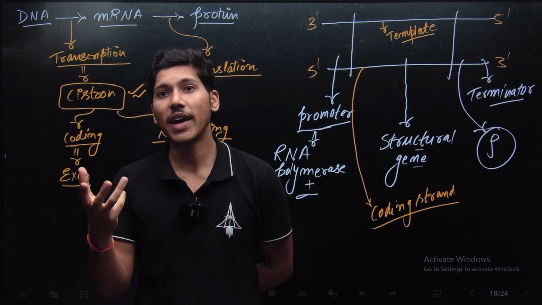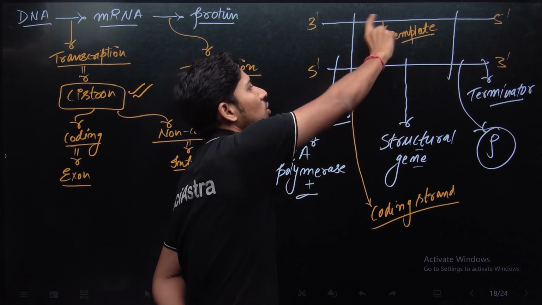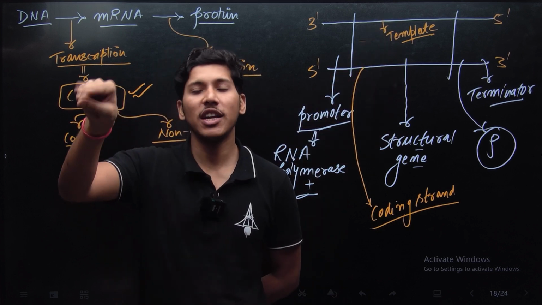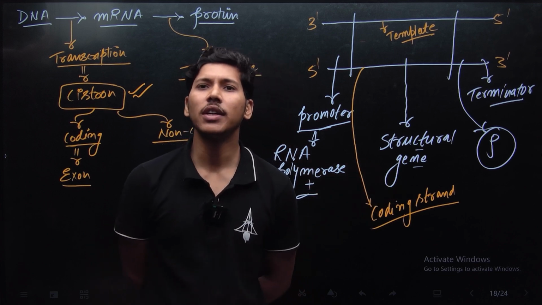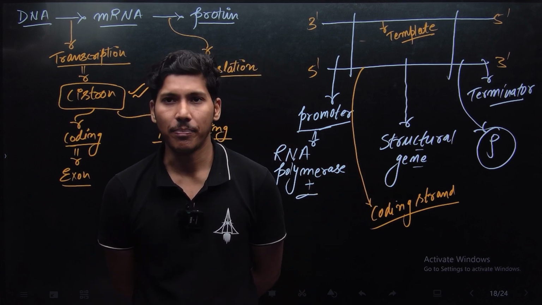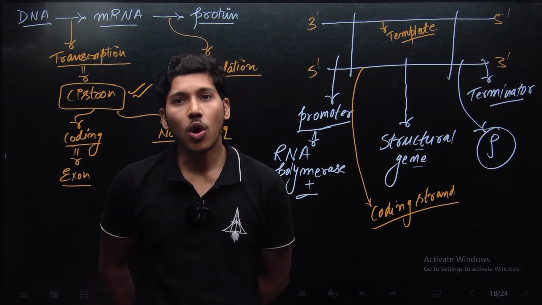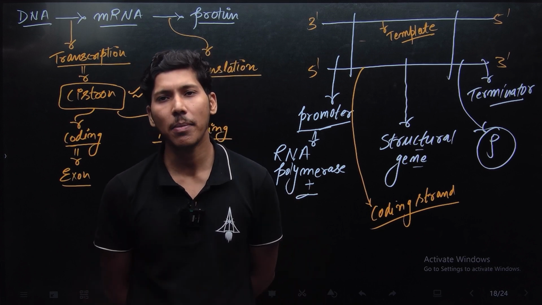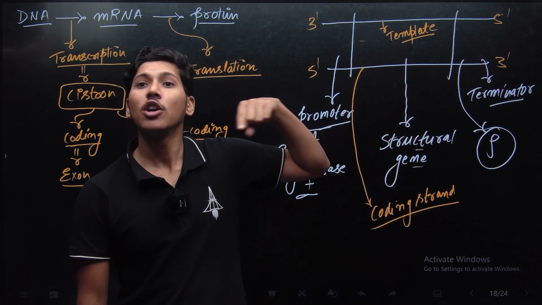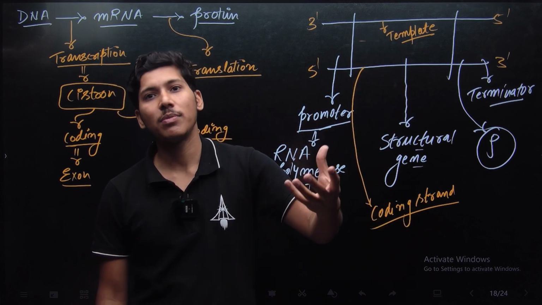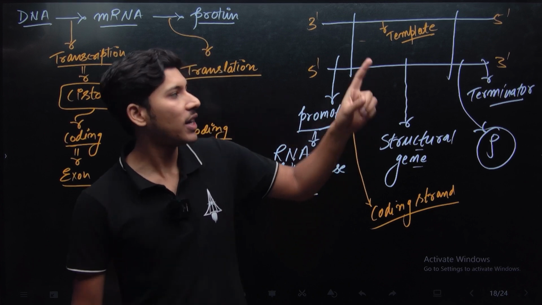Why? Because both the coding strand and the mRNA are complementary to the template. So both of them are the same in terms of the base sequences present in them. Okay, clear? That's why we study all the things regarding mRNA or transcription with respect to the coding strand, not the template strand, though the main transcription happens by reading the information on the template strand.